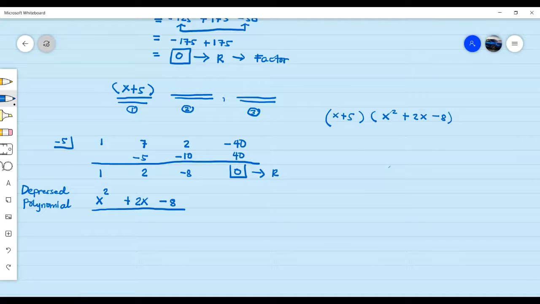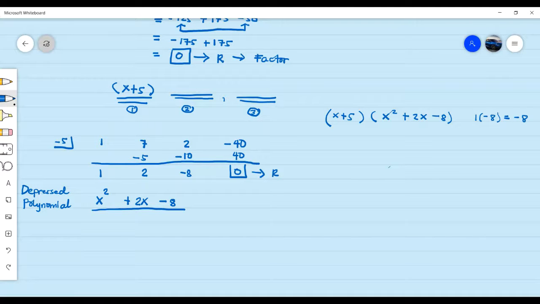Because if you look at the negative 8 here, we need factors of the constant that will give us positive 2. So remember, there is 1 here. 1 times negative 8 is negative 8. So the numerical coefficient of x squared is 1, and 1 times negative 8 is negative 8.